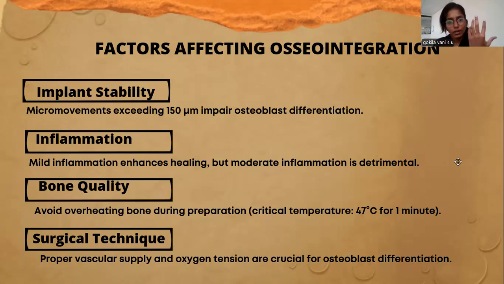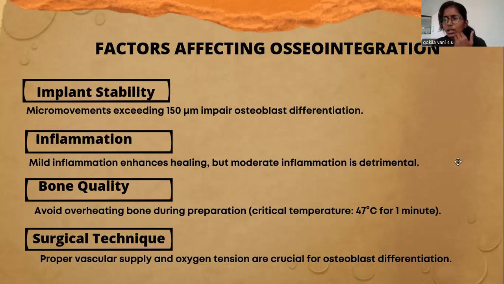Any movement exceeding 150 micrometers impairs osteoblast differentiation, thereby affecting bone formation and osseointegration. An obvious reason is inflammation which is more than the normal inflammation occurring in healing, which will impair your osseointegration. And then bone quality.